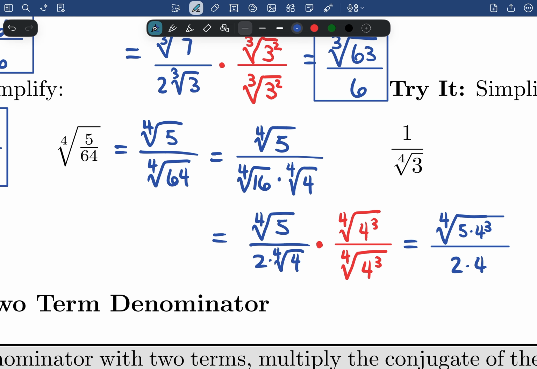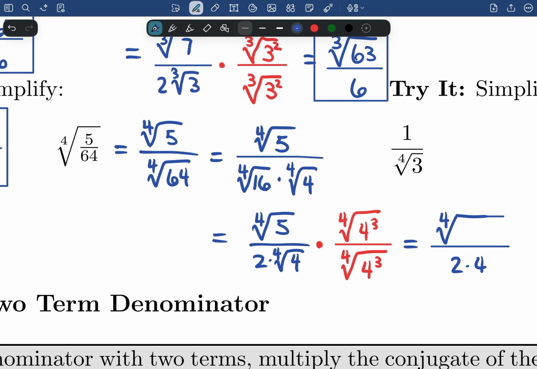And so I'm going to have to multiply 5 times 4 cubed, which is 5 times 64. And so I'll get out my calculator, kind of bigger numbers. 5 times 64, I think is 320. Let me make sure. Yep, 320.